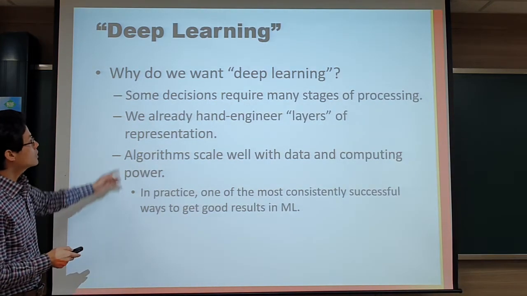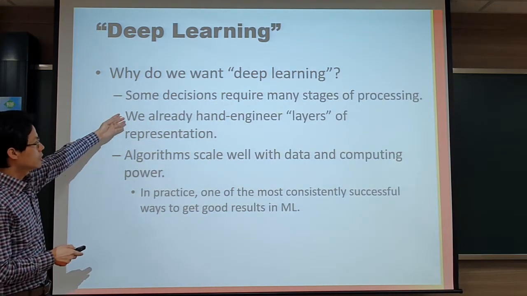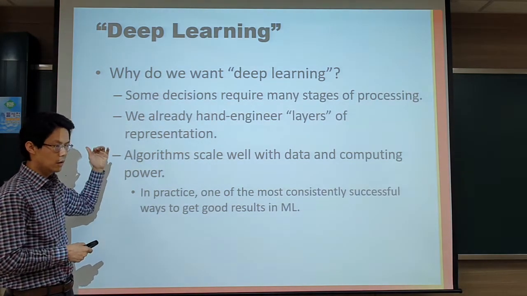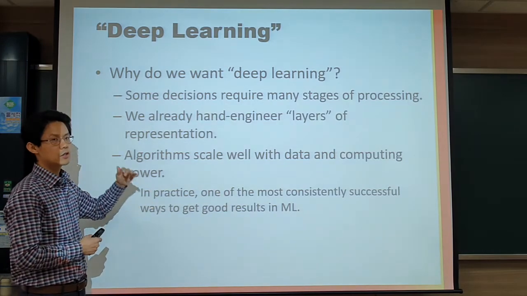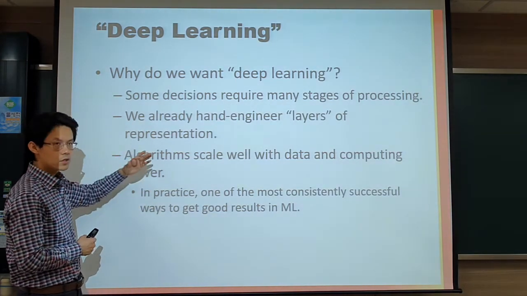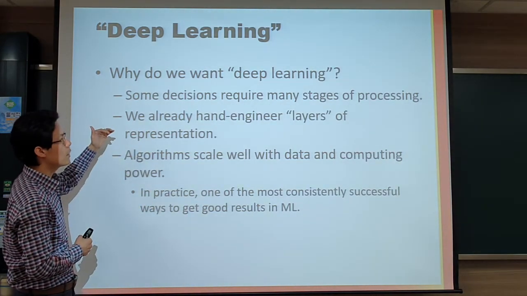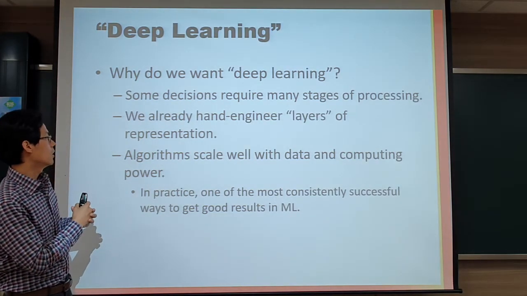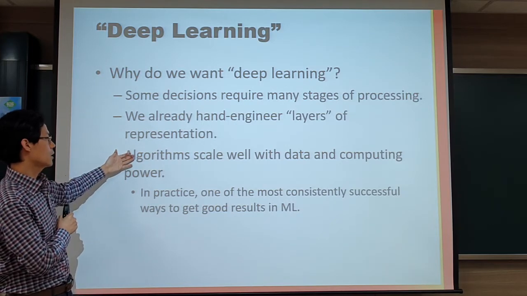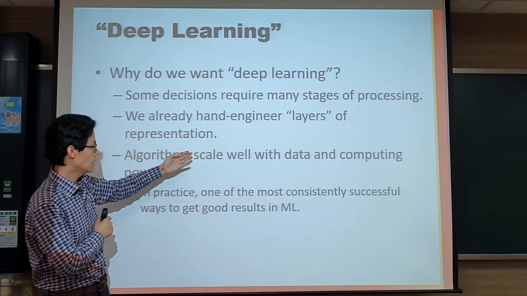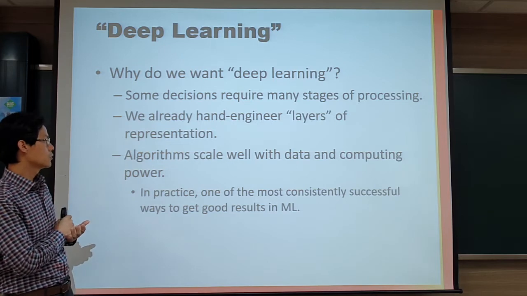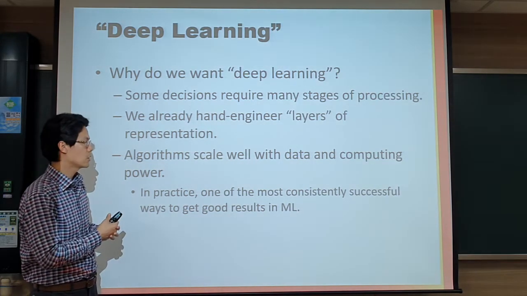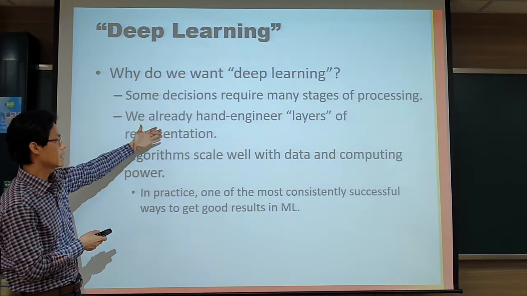So why deep learning? As I mentioned before, if we look at the filters, there could be many different layers, right? From the low level, the original image, we design a series of filters like the LoG, something like that, so each image serves as some sort of layer. Also, some recent techniques scale well with a lot of data, and by using recent computing technology, we can achieve good accuracy utilizing many layers and a lot of data.